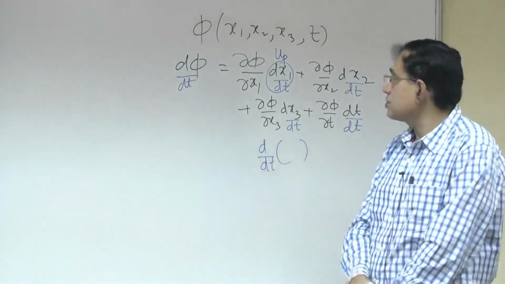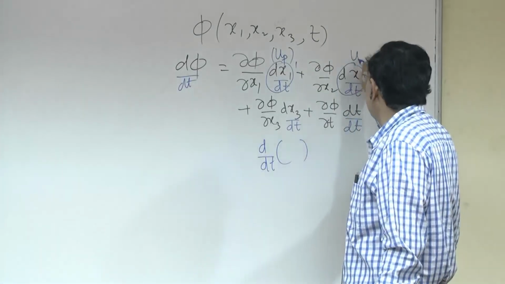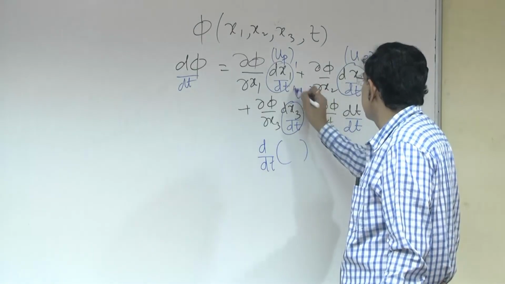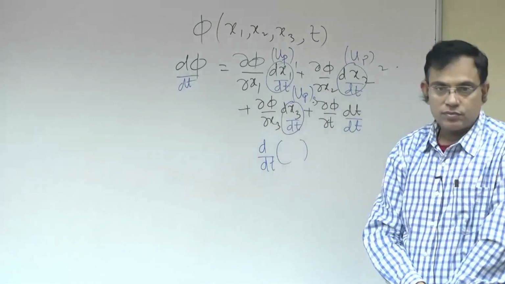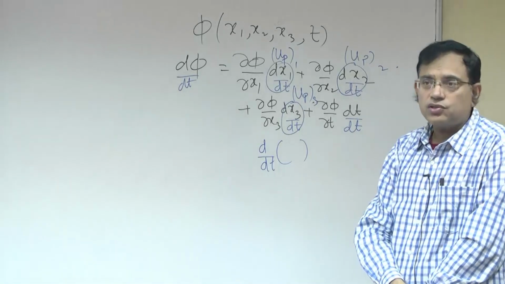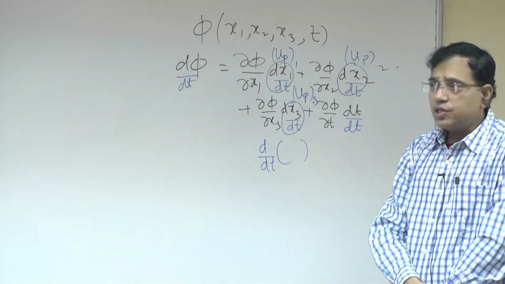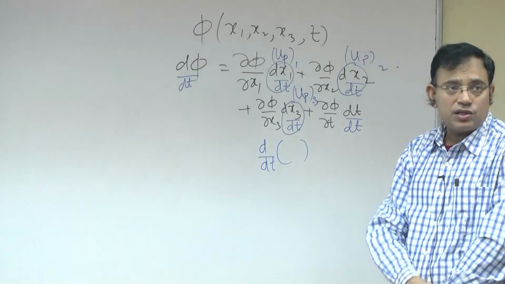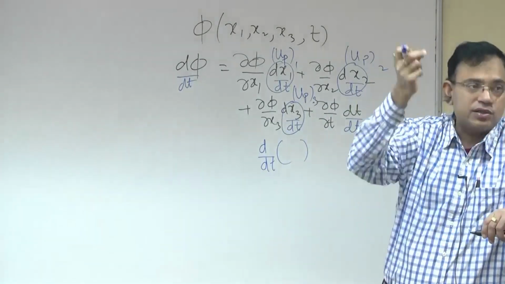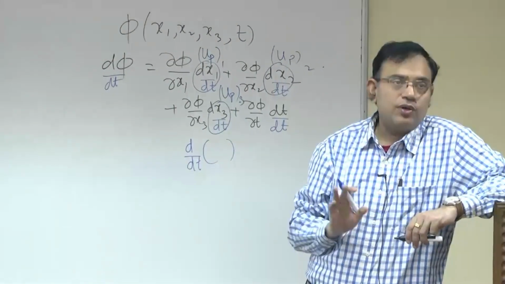Let us say this is u of the particle along x1, this is u of the particle along 2, and this is u of the particle along 3. Now, the particle we are talking about is not any physical particle. It is just a conceptual particle which is neutrally buoyant with the flow. That means it is passive: the fluid is flowing and the particle is conceptually moving with it. In that way the particle's velocity and the flow velocity are the same.